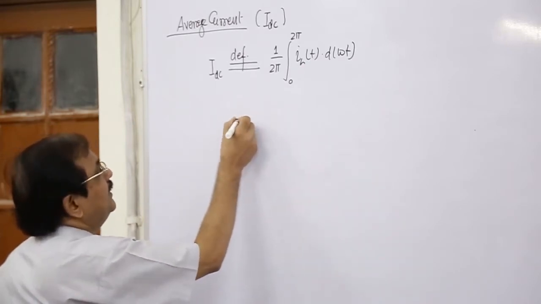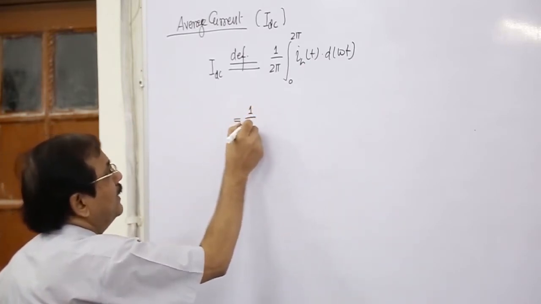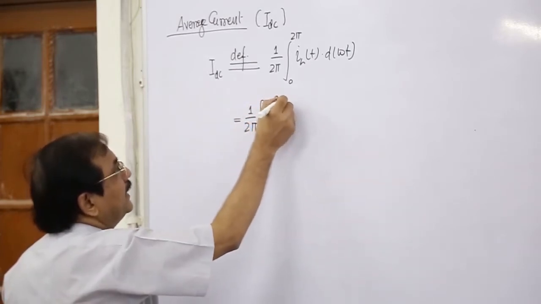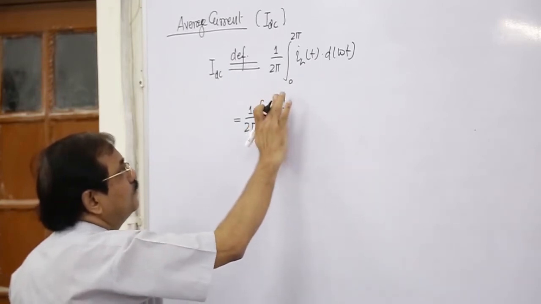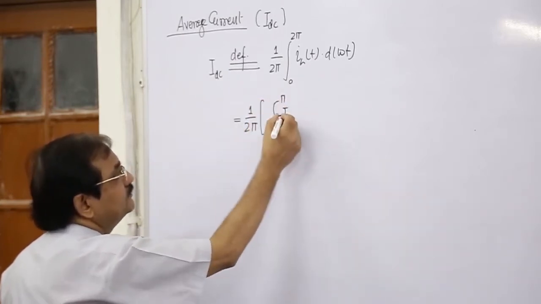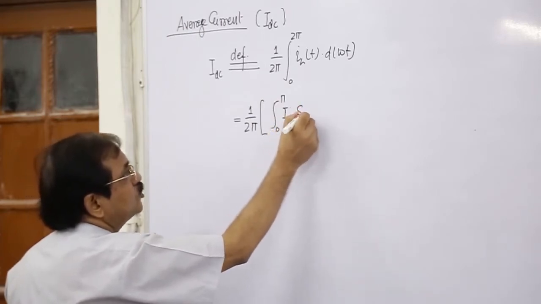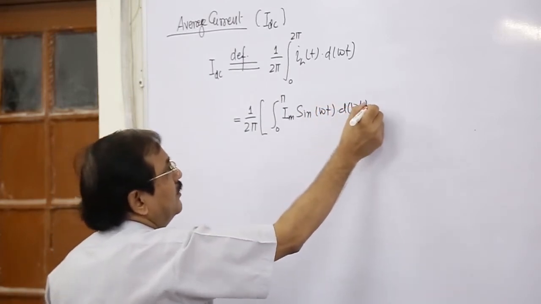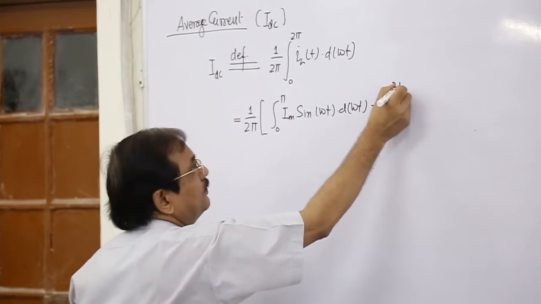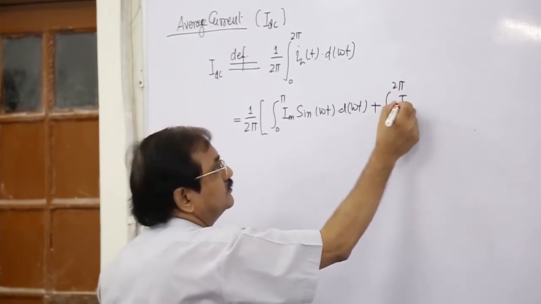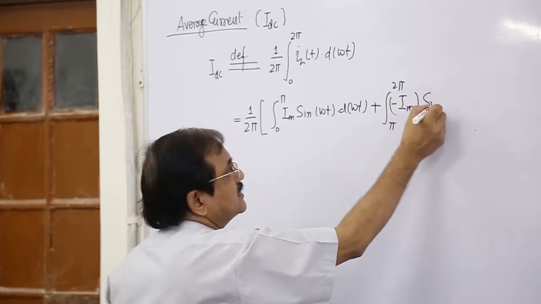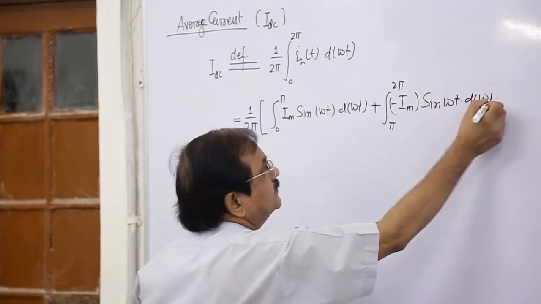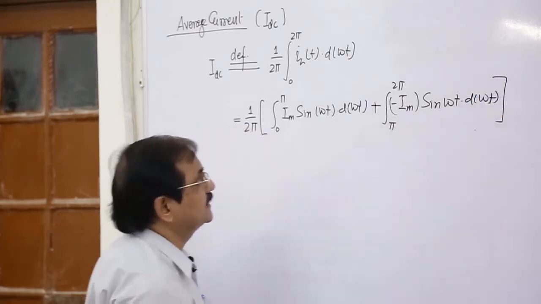So, this can be written as 1 upon 2 pi, 0 to pi Im sin omega t d omega t, plus pi to 2 pi of minus Im sin omega t d omega t. This is the average.